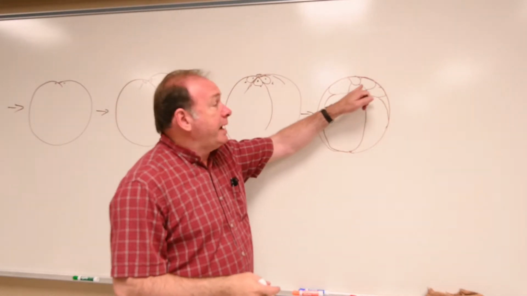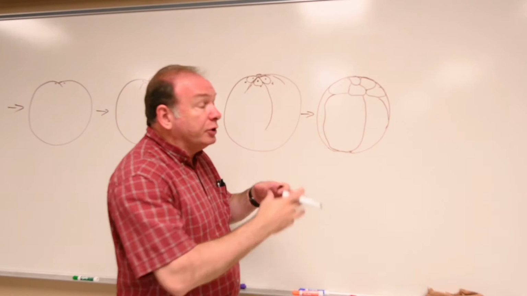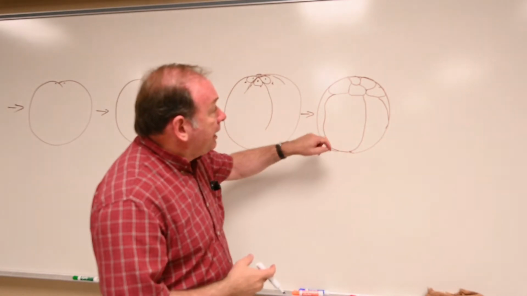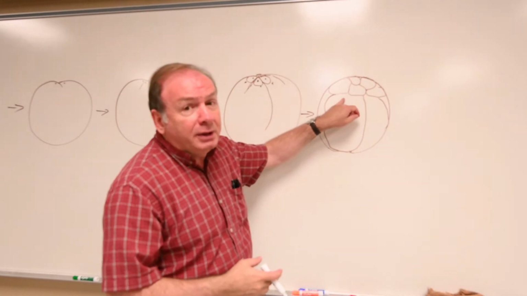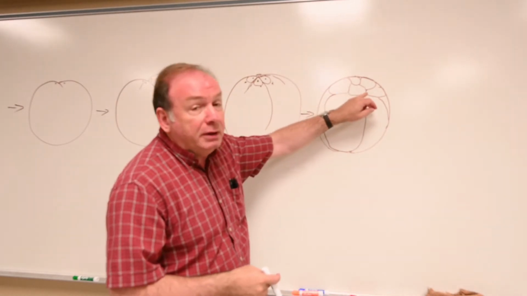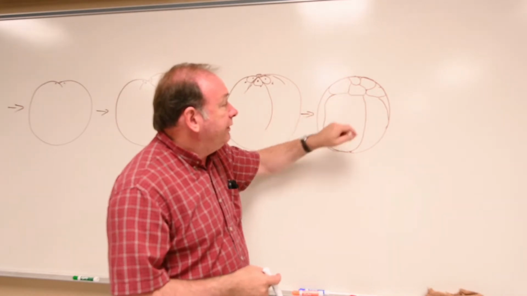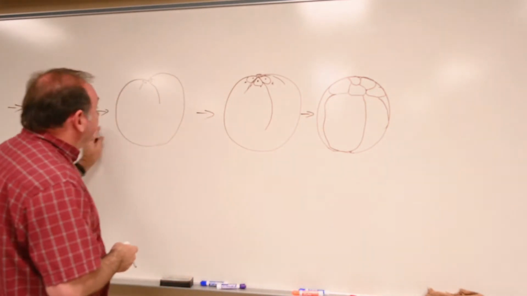Smaller cells at the animal pole, larger cells at the vegetal pole, big block-like cells at this stage of development. Right up in here is where we're going to get the first cavity to form, the blastocoel cavity will develop right in there. So these are different cleavage stages.